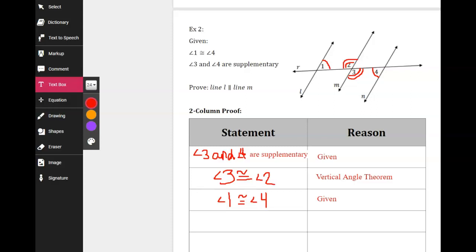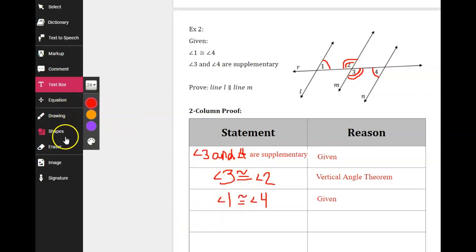So if I know that angles 3 and 2 are congruent and angles 1 and 4 are congruent, that means that I can replace angle 1 with angle 4, and I can replace angle 2 for angle 3. So that means that I can replace this angle 3 right here with angle 2, and I can replace this with angle 1.